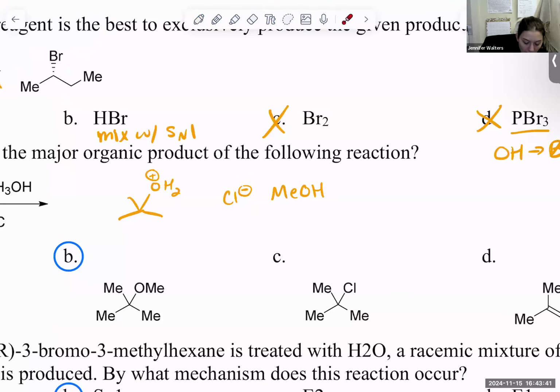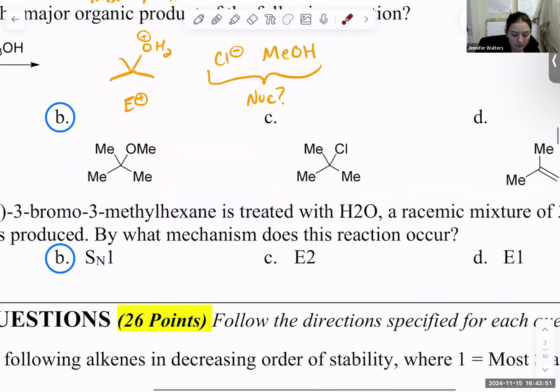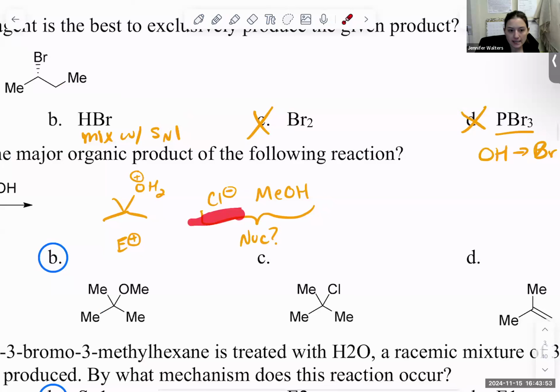I know this is my electrophile, sorry. So between these two, the question is, which one's the better nucleophile? You might be tempted to think chloride because of the anion, but remember, we have to watch out for a solvent shell. Methanol is a protic solvent.